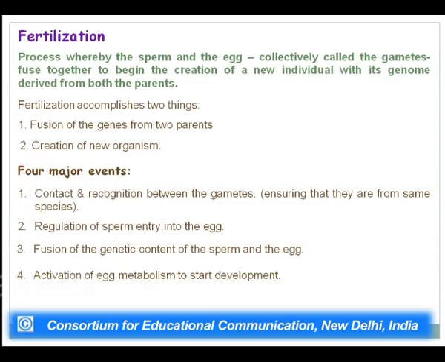Then after the sperm enters the egg, the first accomplishment of the fertilization process is achieved, which is the fusion of the genes, or the mixing of the genome from the two parent organisms. The last is the second accomplishment, which is the creation of a new organism, through the activation of egg metabolism to actually start the development. So these are the main four events of the fertilization process.